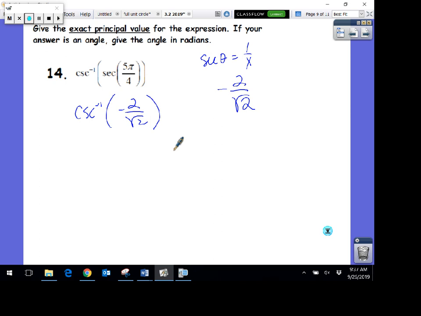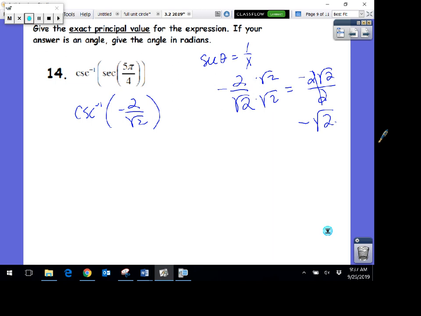Now, could we see that rationalized? If you want to rationalize it, you can. Maybe you see it that way. Negative 2 over root 2, the 2 over 2 cancels. Negative root 2 is the same thing. Either way, you could see it written. I don't care if you rationalize or not. It doesn't matter if you have negative 2 over root 2 in that parenthesis or negative root 2. It is equivalent. You have to know that it is equivalent.